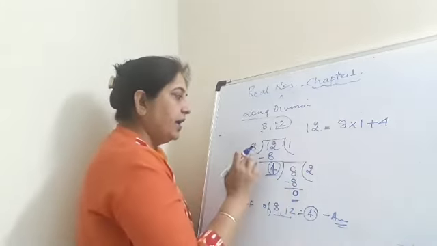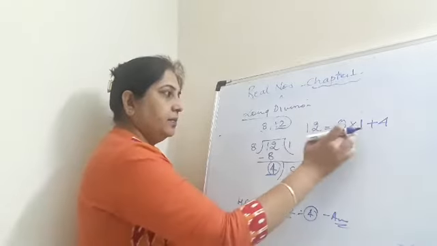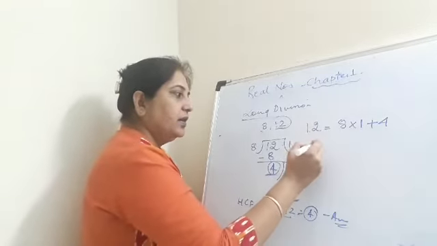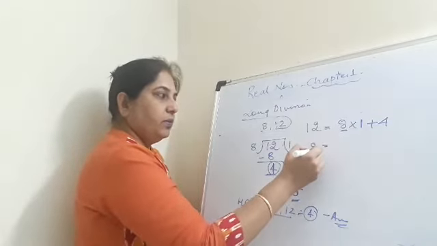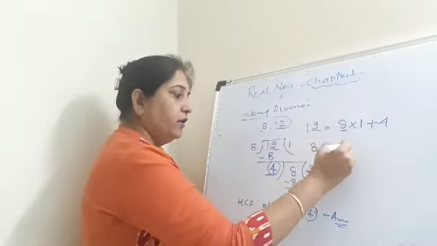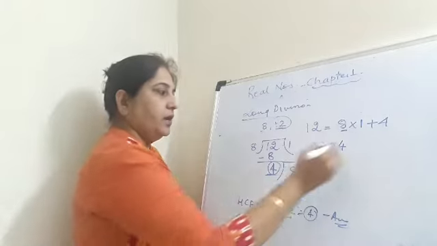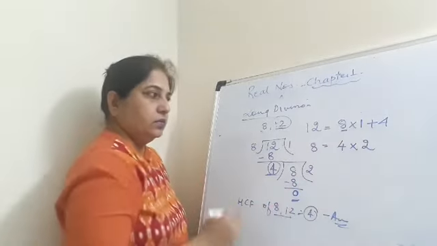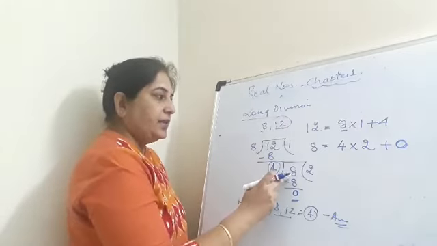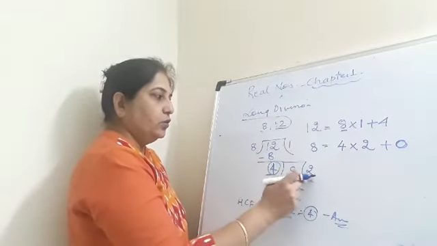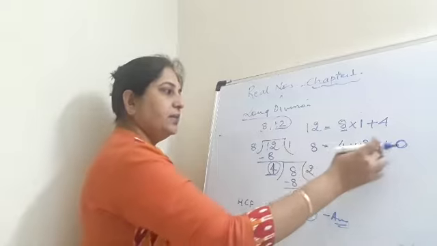After writing 8 into 1 plus 4, this 8 will be copied here, this will be copied here, and I will now write 4 into 2 plus 0. That means 4 into 2 is equal to 8, plus 0.